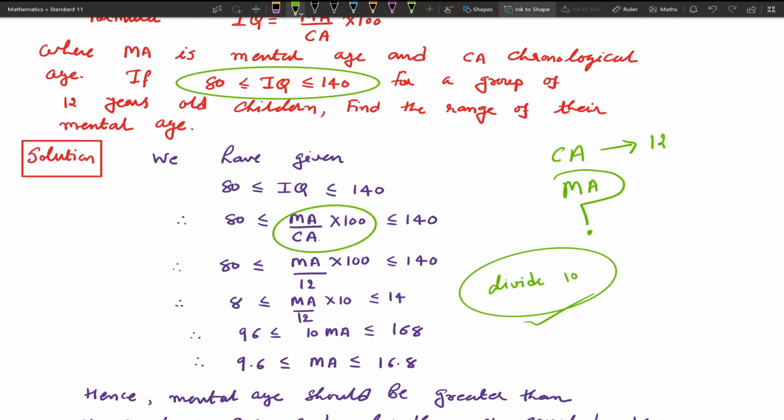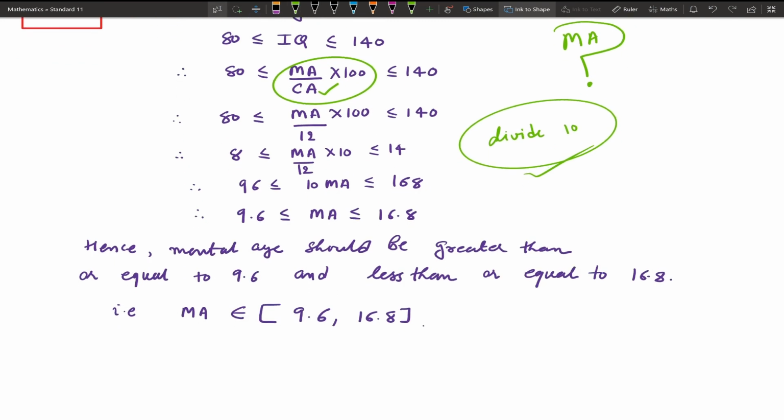Put the value for CA because it is a group of 12-year-old children, so CA equal to 12. Then you divide by 10 and finally multiply by 12, and again to get the range for MA, the coefficient of MA is 10, so finally when you divide by 10 you will get the range for mental age MA, the closed interval 9.6 to 16.8.